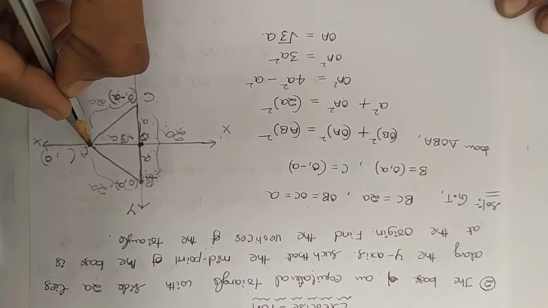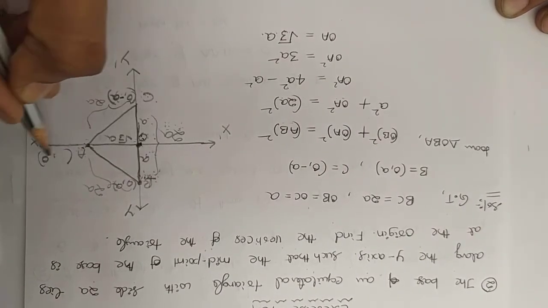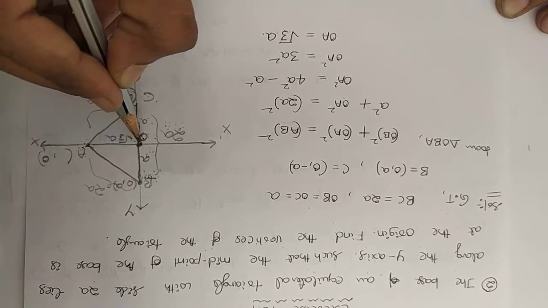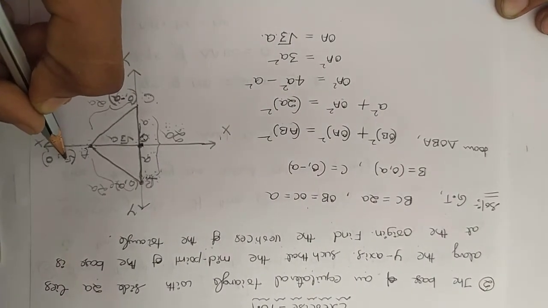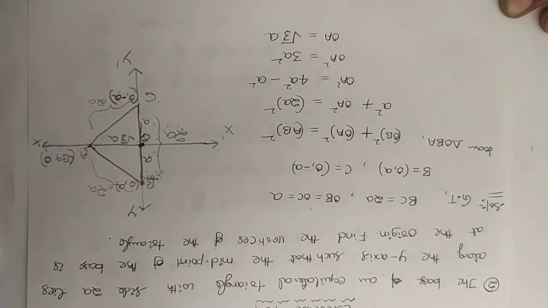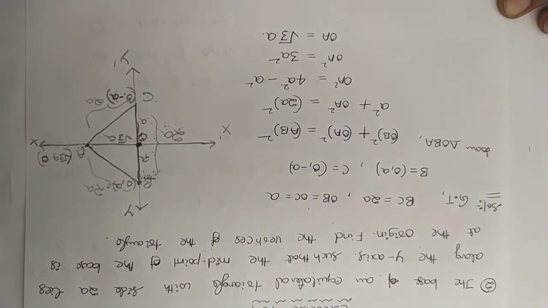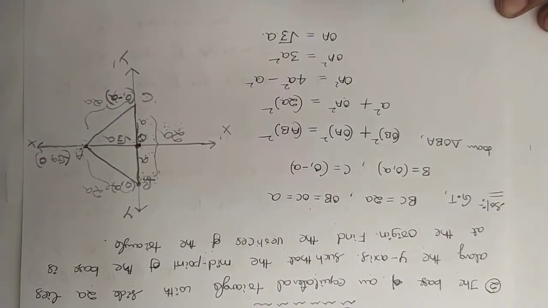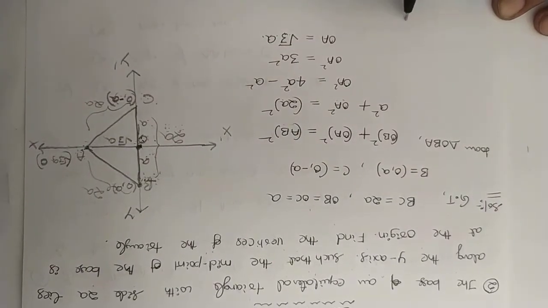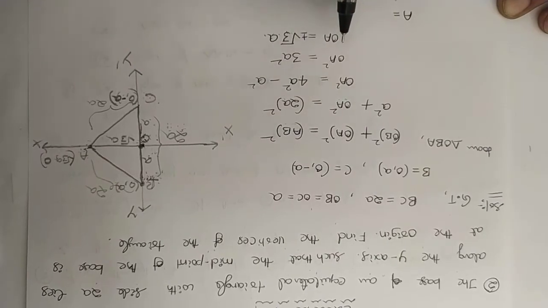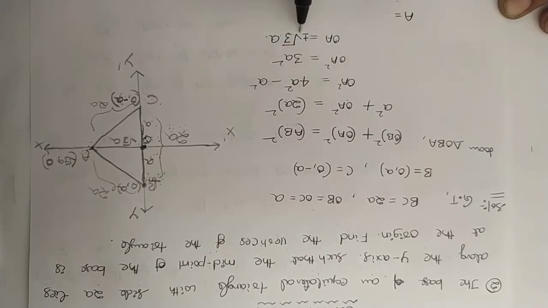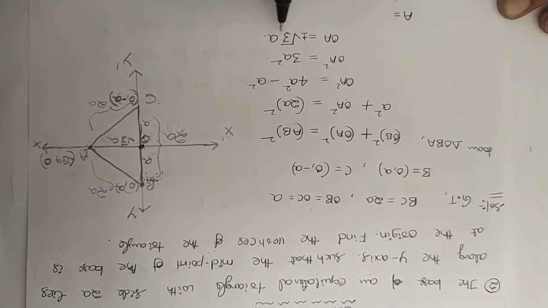Then what about this distance? Root 3 into a. Therefore, the x coordinate of A will be plus or minus, isn't it? If we apply square root on both sides, we get plus or minus root 3 into a.